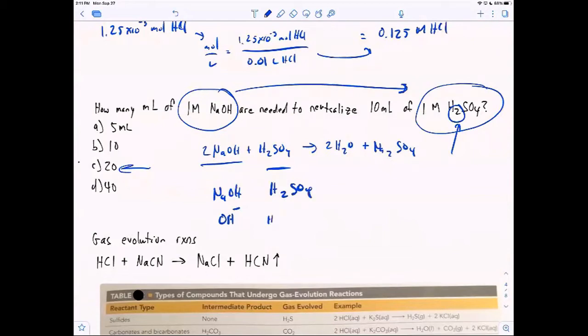H2SO4 is going to form two hydrogen ions and one SO4 anion. So sodium hydroxide forms one hydroxide, H2SO4 forms two acidic hydrogens. So because of that, you need two of these to neutralize that. So you make two waters and sodium sulfate.